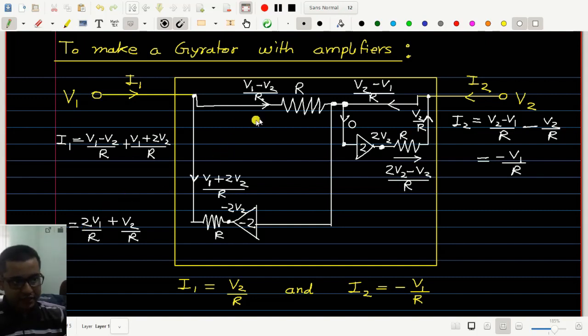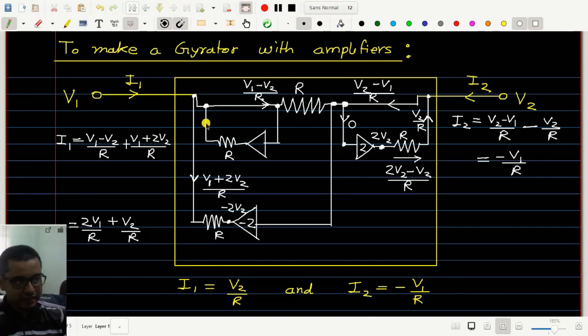So for that I will take another amplifier like this. The input will come from here, that means V1, and I will connect the output through our resistance R back to here.